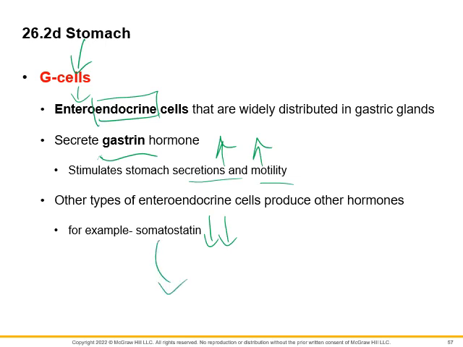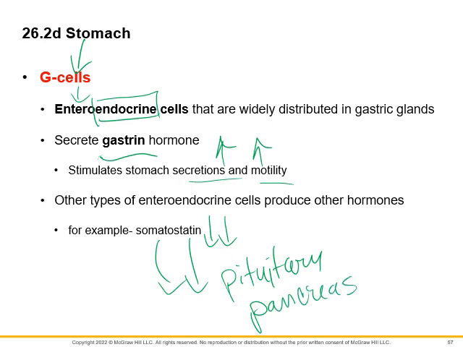I'm not going to ask you questions about this other than, do you know that endocrine hormones are released from stomach G cells, which are in those gastric glands? This somatostatin also has some connections to the pituitary, to the pancreas, and to memory.